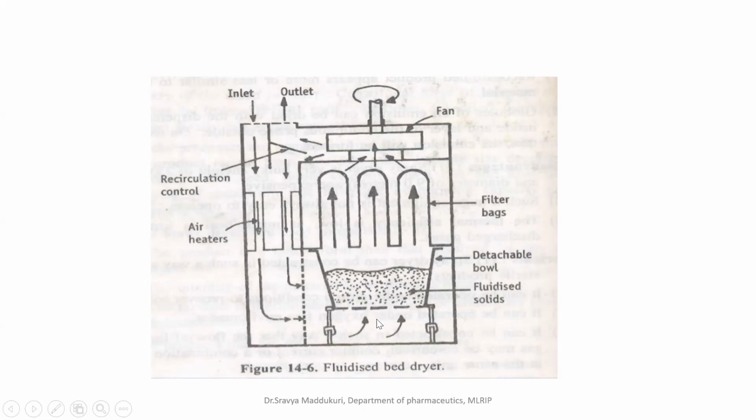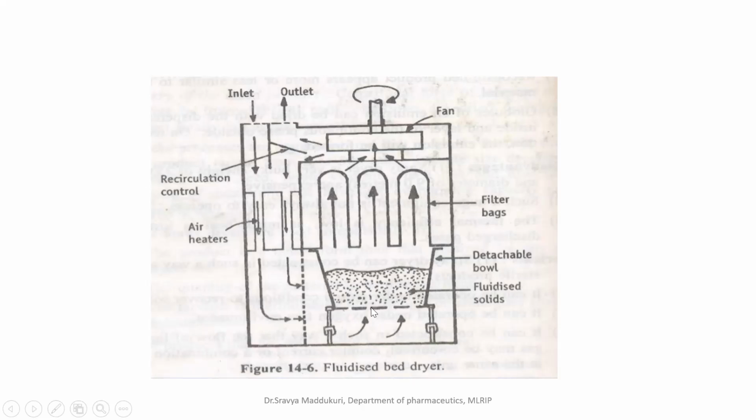Now working is, as I told, material to be dried is placed in this detachable bowl which has a perforated base. Air is introduced from the inlet, and the air is filtered through the filters here, and then the air passes through the heaters. Airflow is generated by the fans fitted at the top of the equipment, and as the flow of air increases, it goes under the fluidized bed solids.